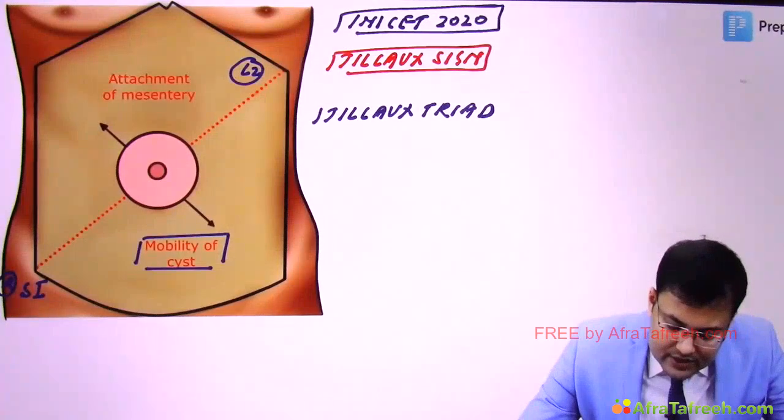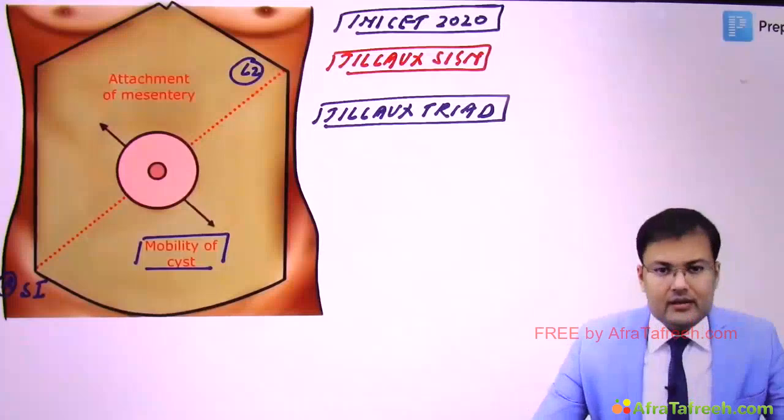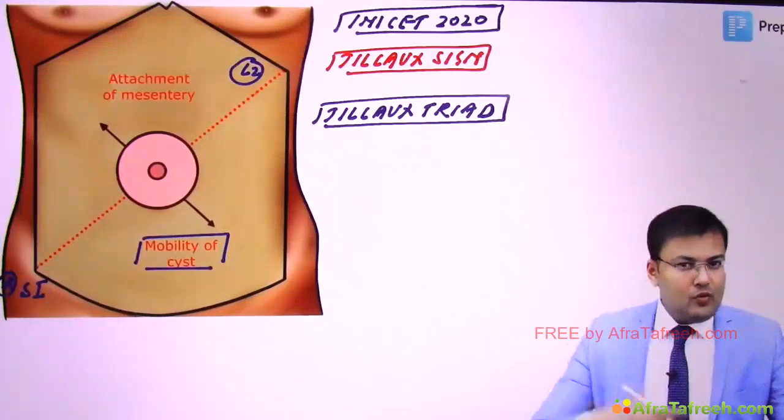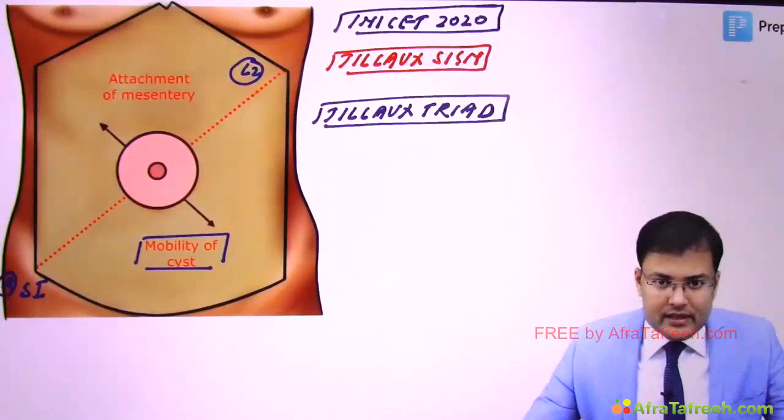Okay, so you got the difference between Tillaux sign and triad. Sign is only movement perpendicular to the attachment of mesentery. So what is the triad?